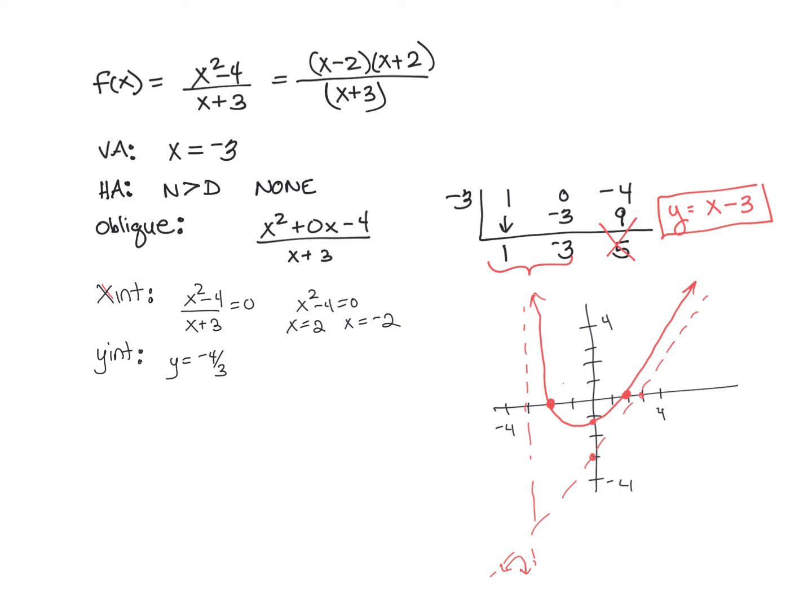Let's take a look at one that has an asymptote that gets crossed. So we're going to start with f of x equals x minus 1 over x plus 2 times x plus 1. It's already factored, so nothing cancels, so we don't have any holes.